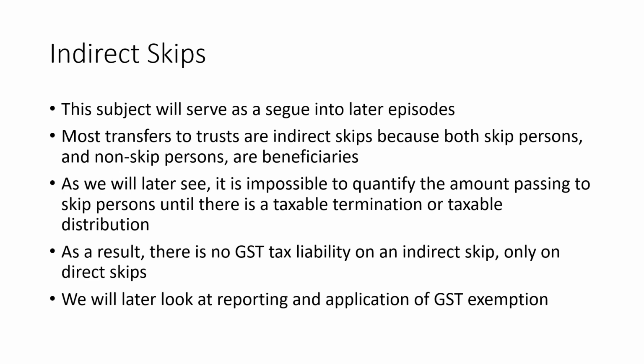Now, I briefly alluded to this fact earlier, but when there's a transfer in trust, it's impossible at the time that the trust is funded to quantify the amount that will ultimately pass to or for the benefit of skip persons until there is a taxable termination or a taxable distribution. And we'll look later at how the rate of tax is applied at that time, but as a result, there's no GST tax liability on the funding of an indirect skip, only on direct skips.